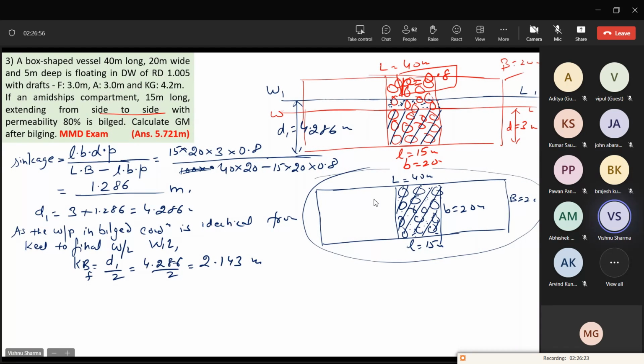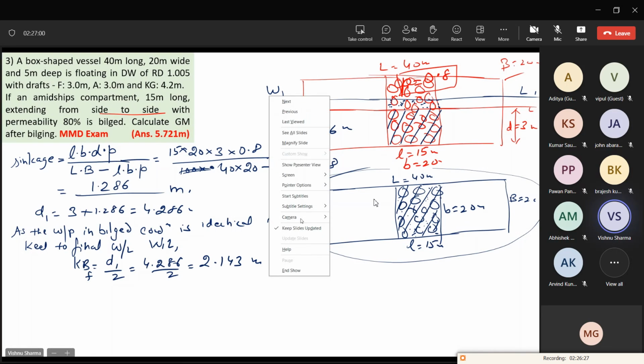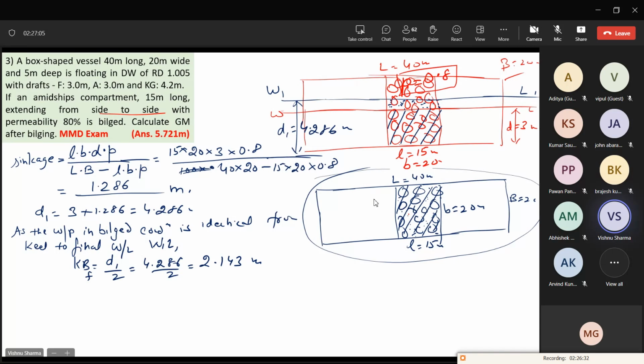Now we come to the BM part of it, beta. I'm asking you just to test you. Look at the water plane area. How many areas are intact in this? One is at the forward side of midship, another at the aft side.